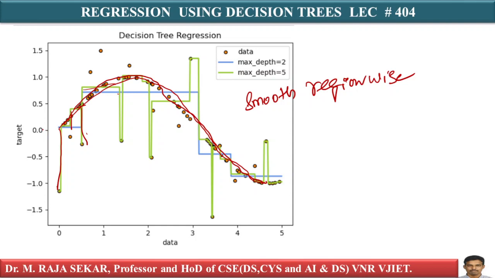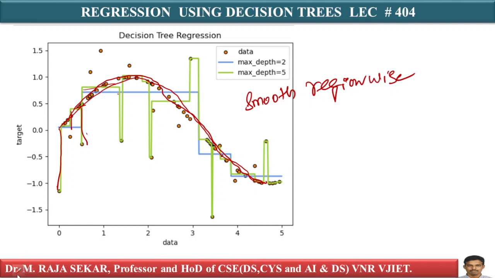Just like in classification there are axis parallel hyperplanes, in regression, trying to fit the curve, all the planes or lines that you get are also axis parallel.